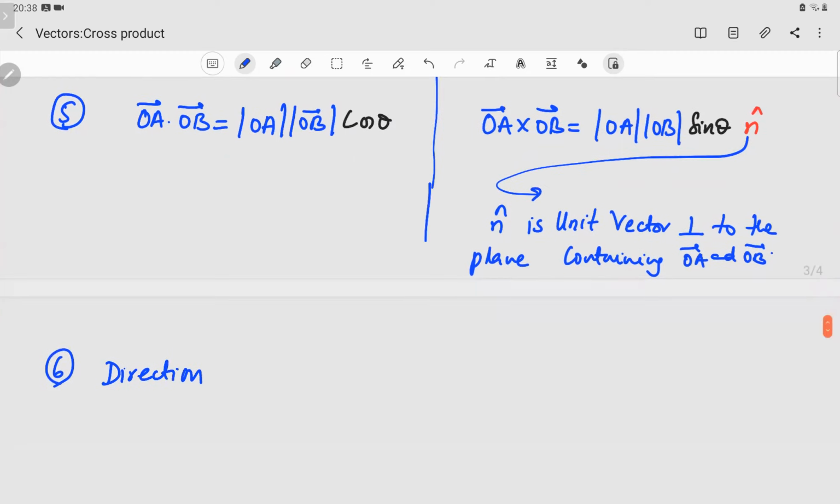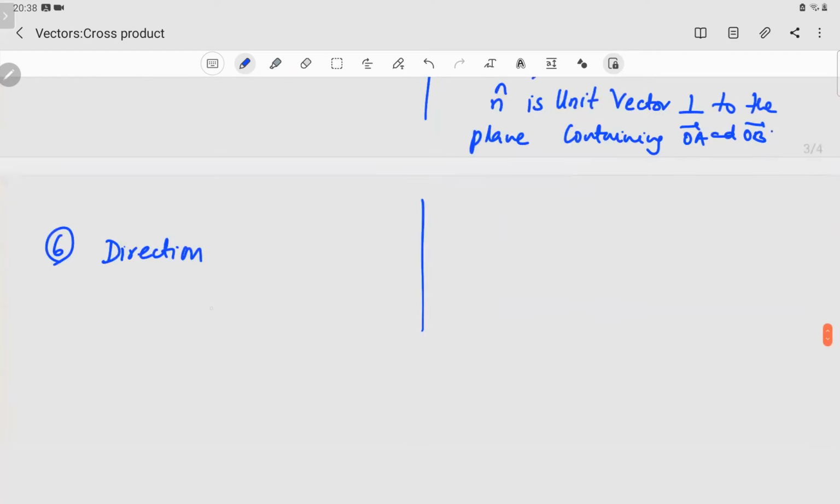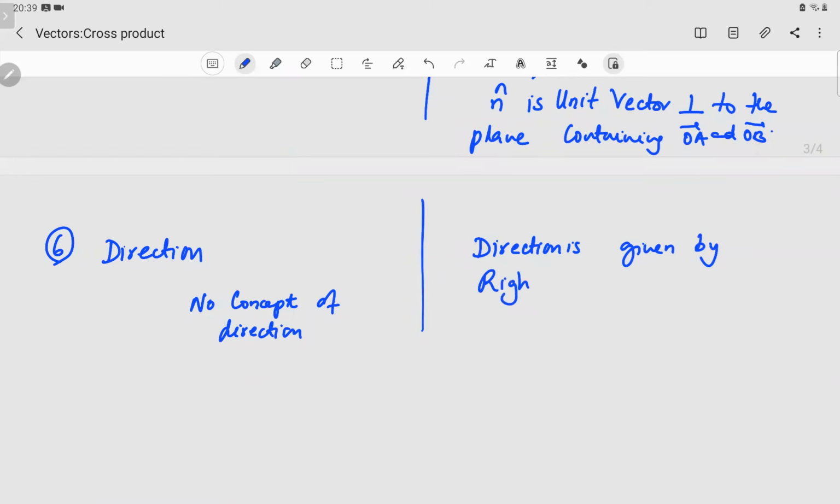Since dot product is not a vector, there is no concept of direction involved in dot product or scalar product, because the product itself is not a vector quantity. But over here, direction is given by right hand grip rule.